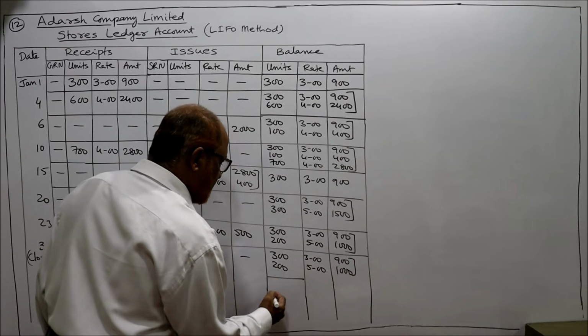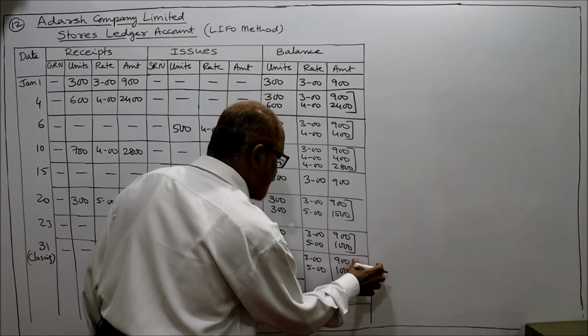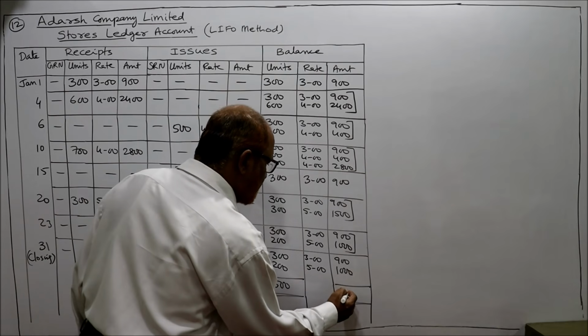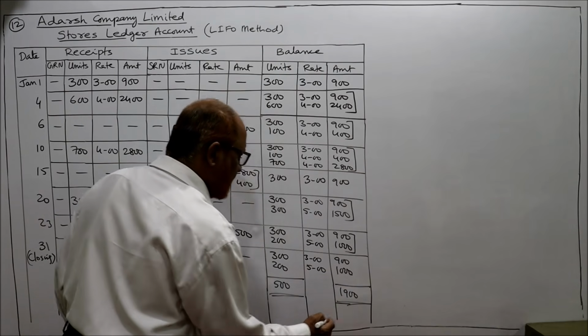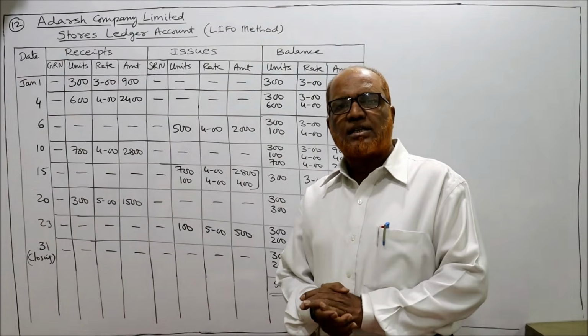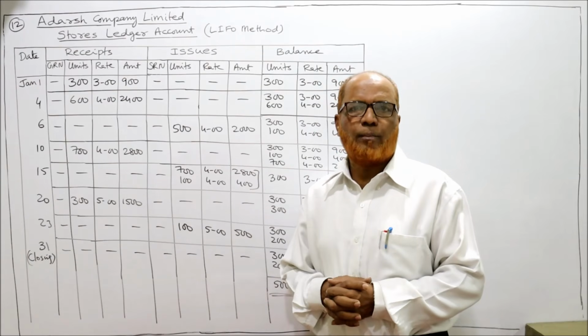The total is 500 units, 1900 rupees. That's all. So we have completed it by the Fifo method as well as by the Lifo method.